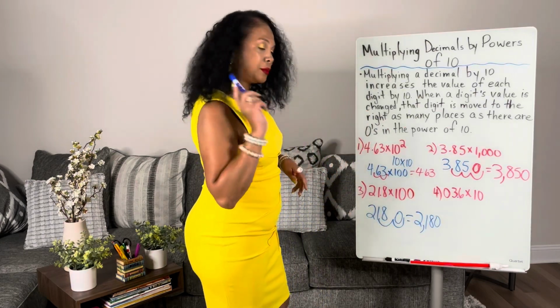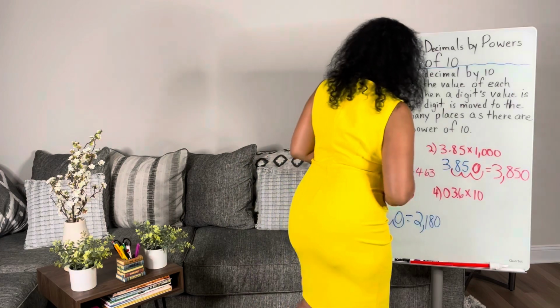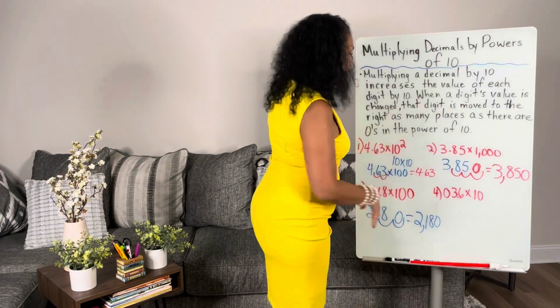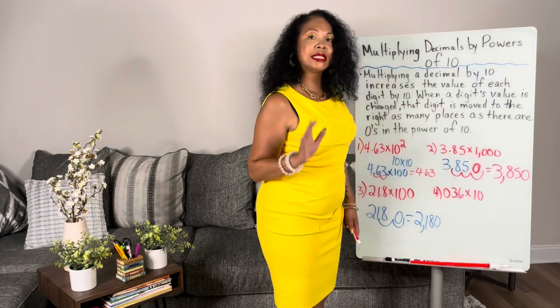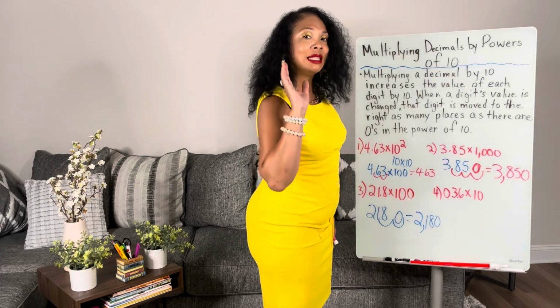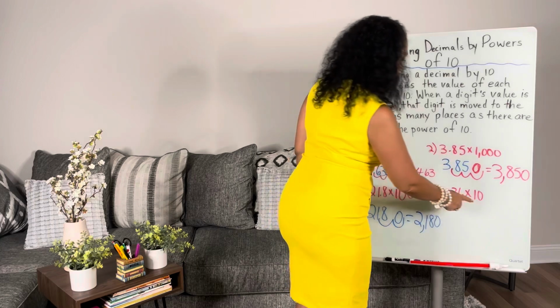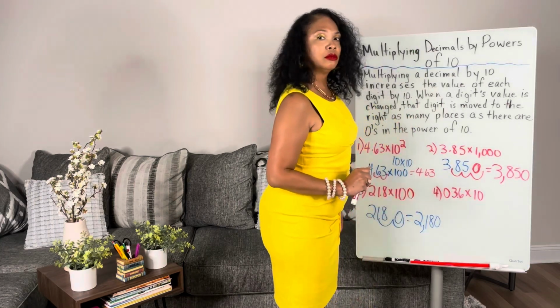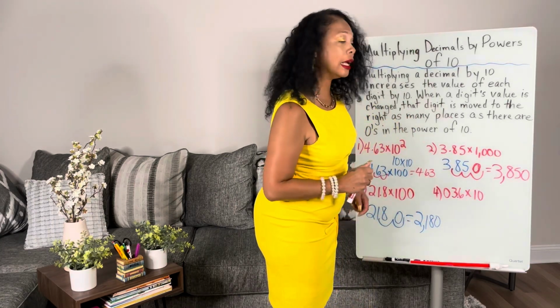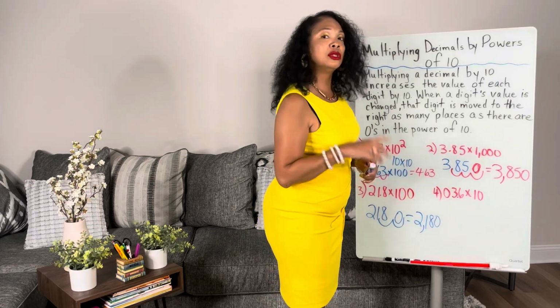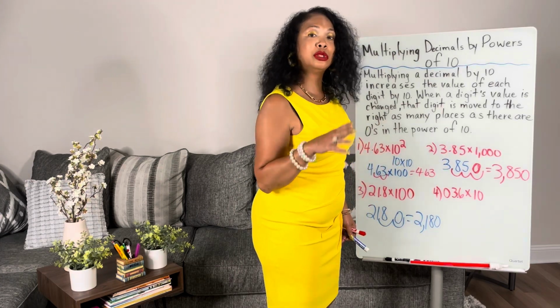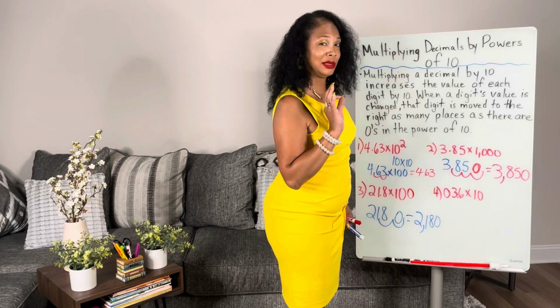And our last problem, let's go to our last problem. Our last problem is 3 and 6 tenths times 10. How many zeros is in this 10? Okay, we only see 1 zero, right? Okay, so that's the amount of times we are going to move our decimal point.